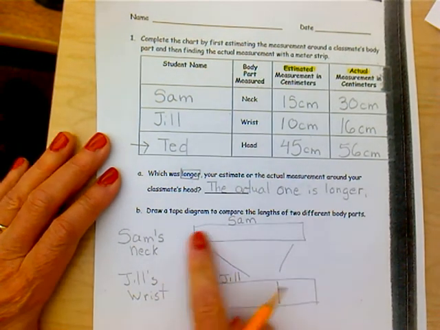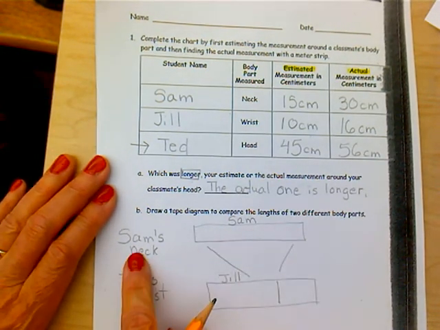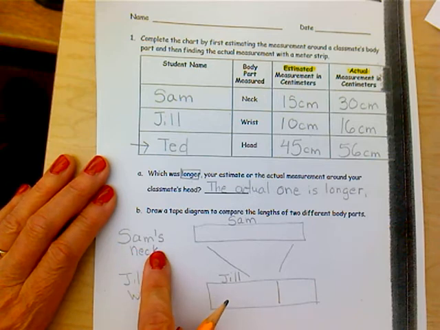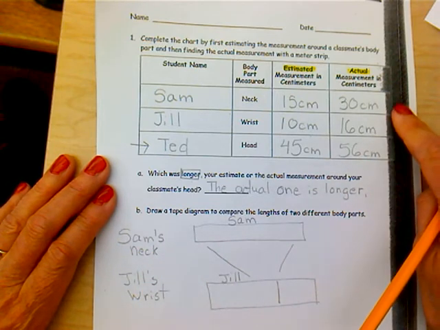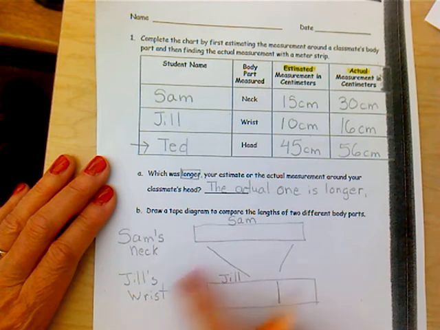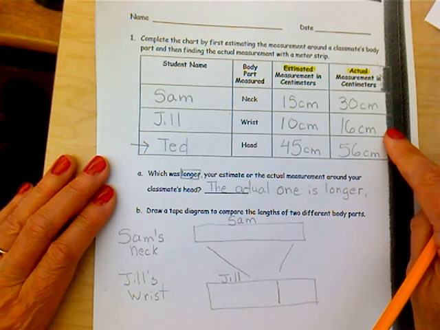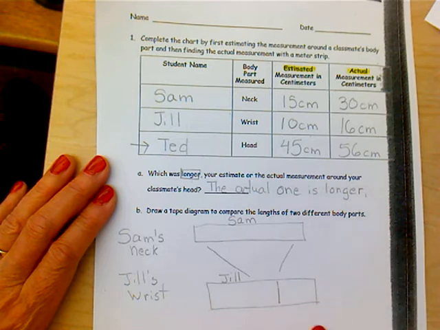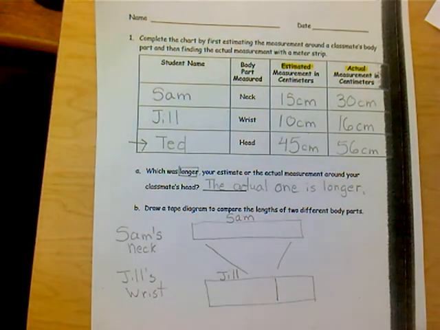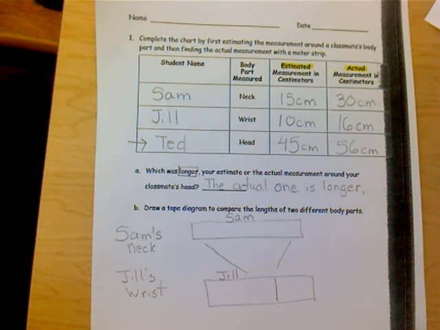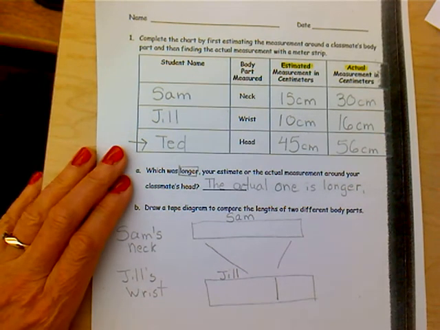You are going to compare the actual measurement for Sam's neck, which you're going to have to look up here to see what that was, and what the actual measurement was for Jill's wrist. And then you're going to need to find out and compare what the difference is between those two. So shut the video off and solve this problem, and then I'll see you back in just a second.